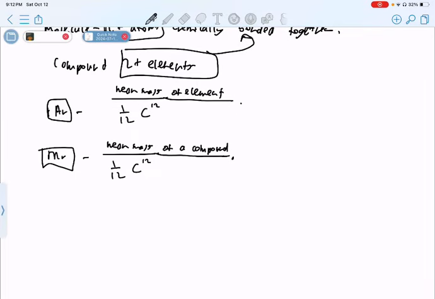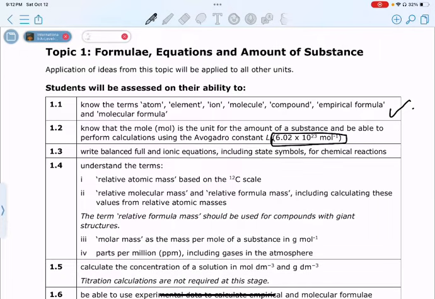Now, getting on to what we have to know. Avogadro's constant, which is 6.02 times 10 to the power 23. It's essentially a constant that has been derived by a scientist called Avogadro, and it's used to find the amount of molecules or the amount of atoms in a certain compound, okay?